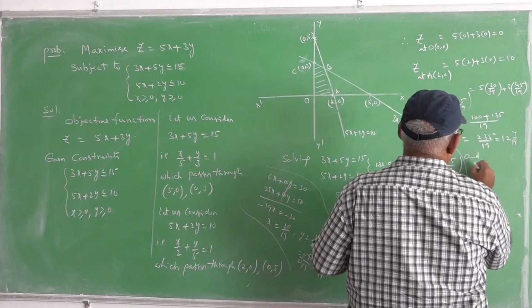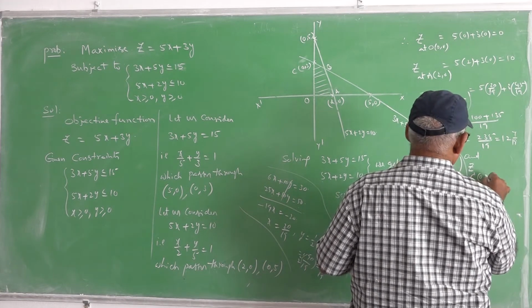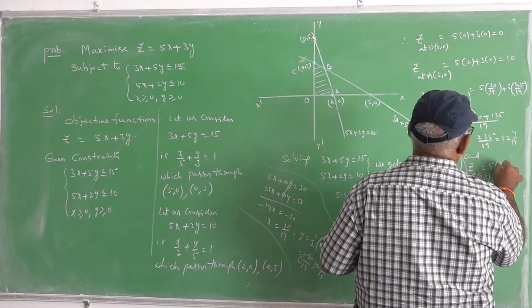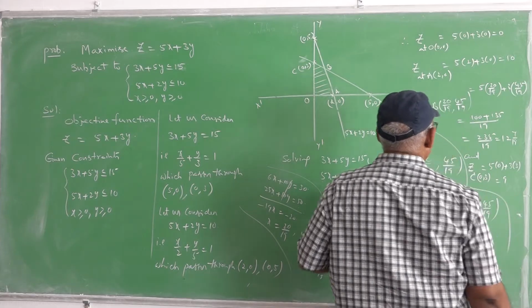And Z at C is 5 into 0 plus 3 into 3, that is 9.